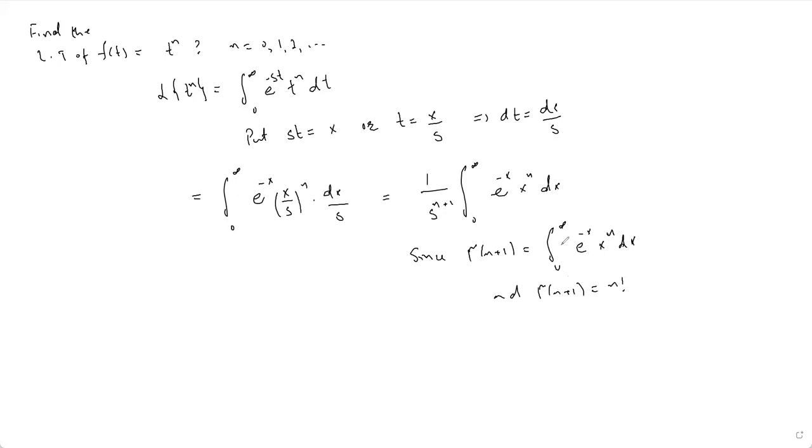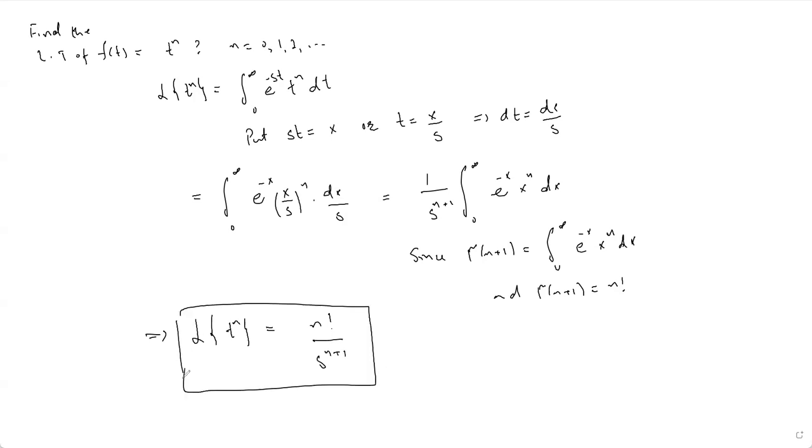So this whole integral will be n factorial. This implies the Laplace transform of t raised to power n will be equal to n factorial divided by s raised to power n plus 1. This is very important, and we are going to use it in a variety of problems, right?